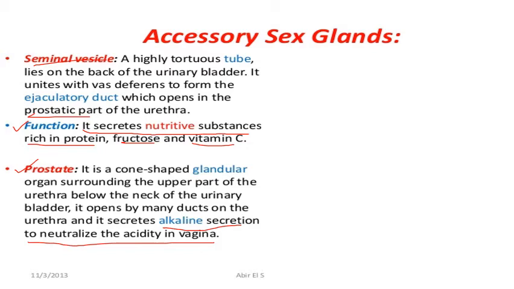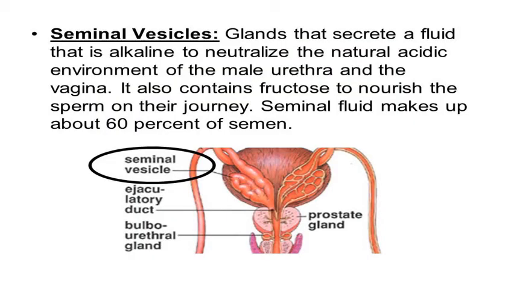So this is the role of the seminal vesicle, and this is the role of the prostate gland I have discussed with you. This is the seminal vesicle, present at the back of the urethra, and this is the common ejaculatory duct, and while sperms pass through it, the seminal vesicles provide them nourishment. And here is the bulbourethral gland, which is present just below the prostate gland.